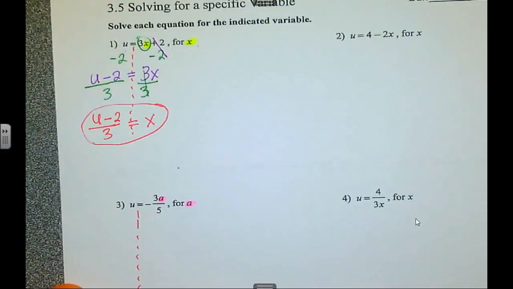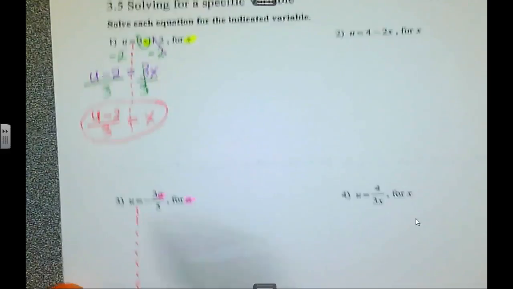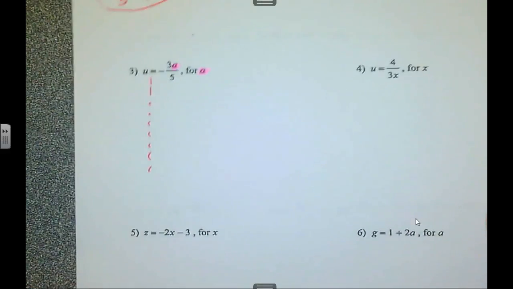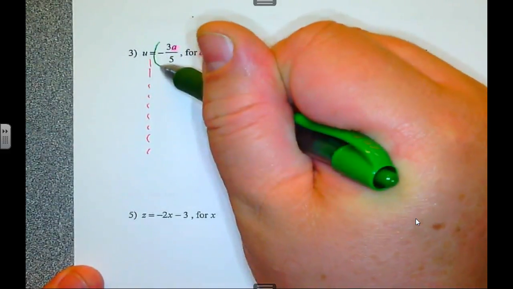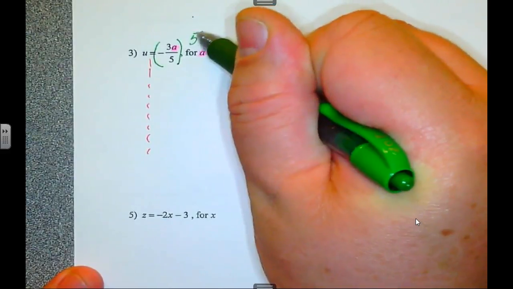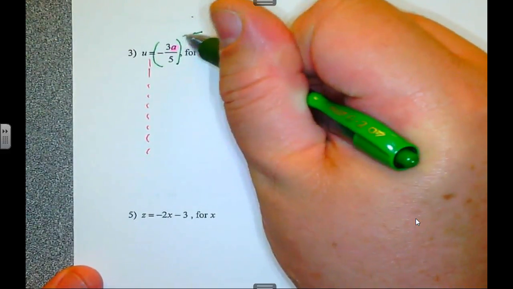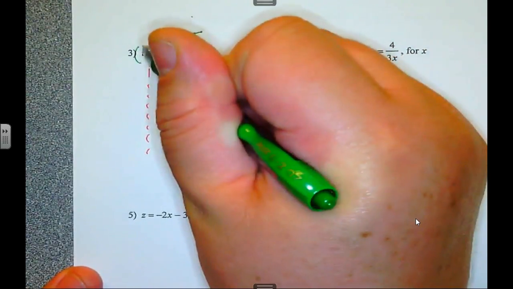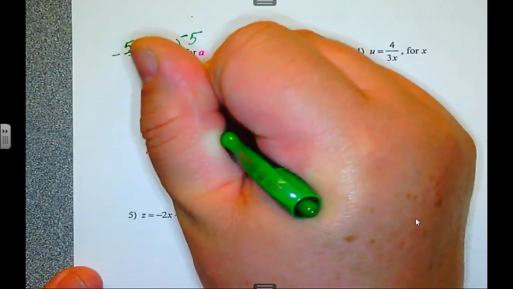The only way I can get to a numerator is to get rid of the denominator, right? So I'm going to multiply. Not only am I going to get rid of that denominator by multiplying by 5, I'm going to get rid of that minus sign too. So I'm going to multiply by negative 5. So I have to multiply the other side by negative 5.